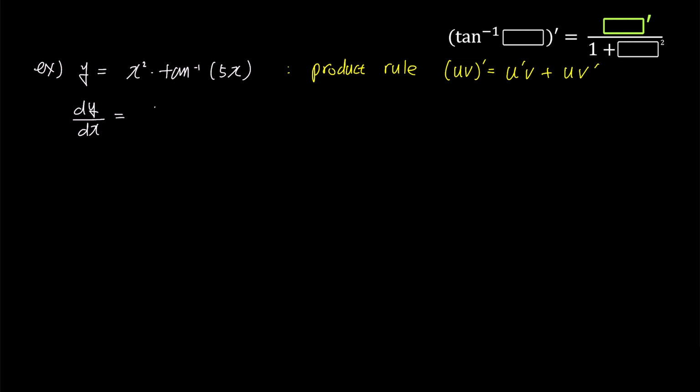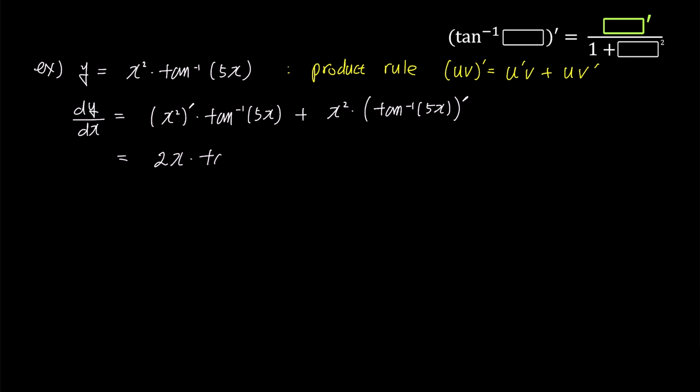So dy by dx becomes x squared prime times inverse tangent of 5x plus x squared times inverse tangent of 5x prime. The derivative of x squared is 2x. And so the first term becomes 2x times inverse tangent of 5x.